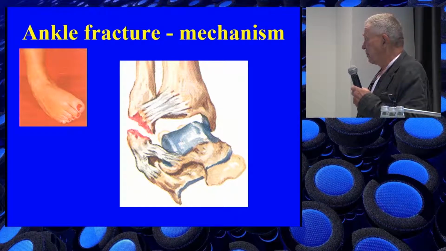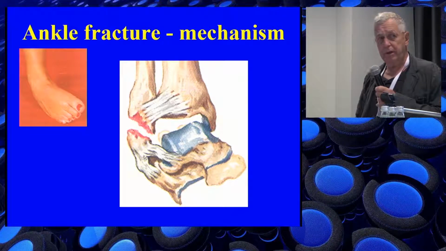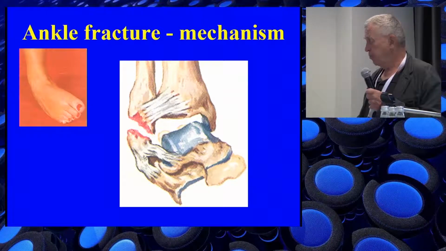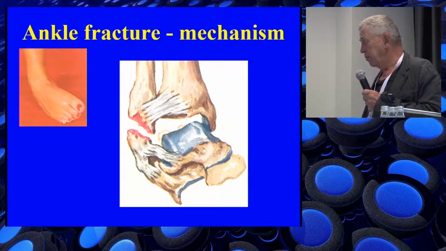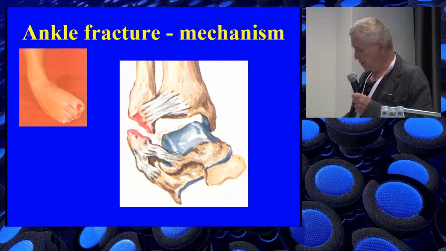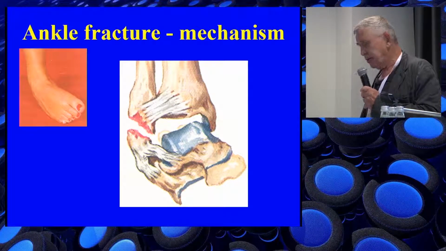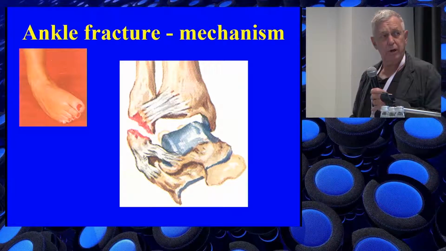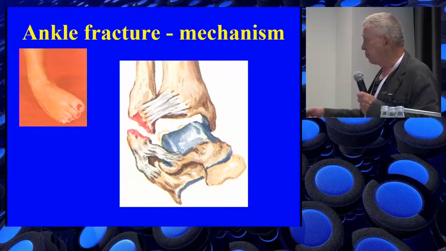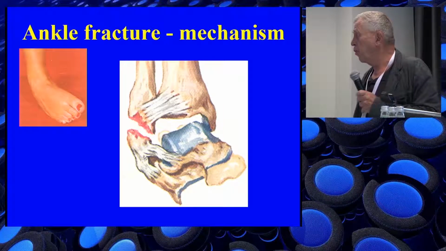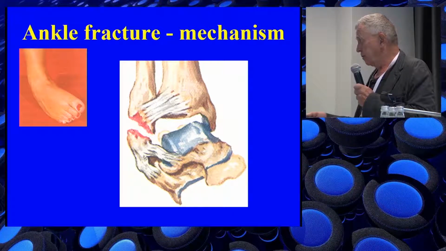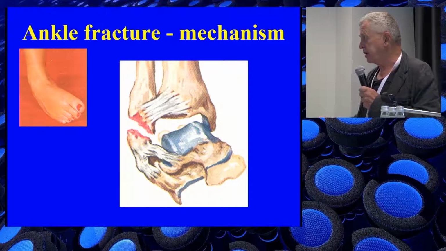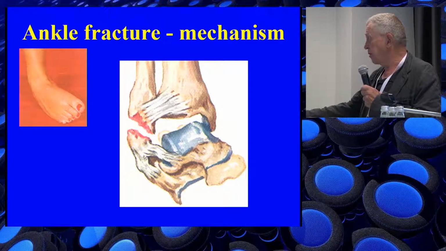If, however, the ligaments are intact, I mean, in children the skeleton is not mature, and in older people you might well have osteoporosis, and that means that the ligaments are more often intact, and what happens is that you have a fracture instead.